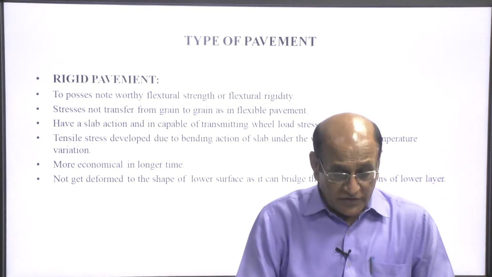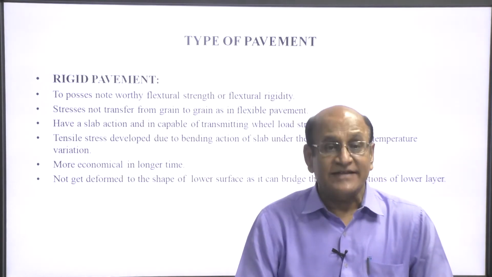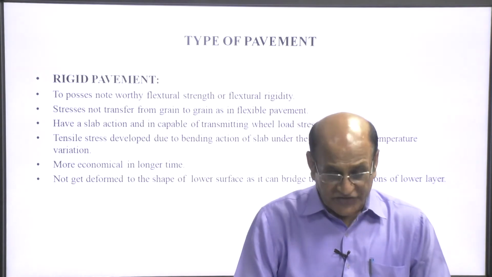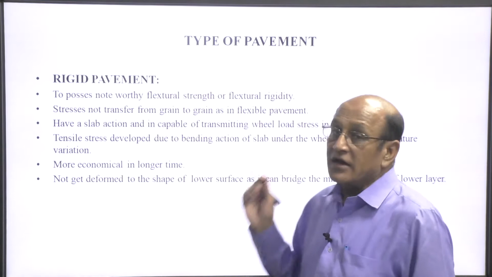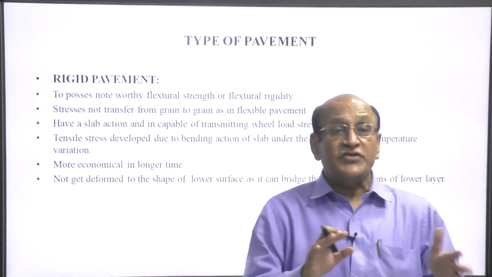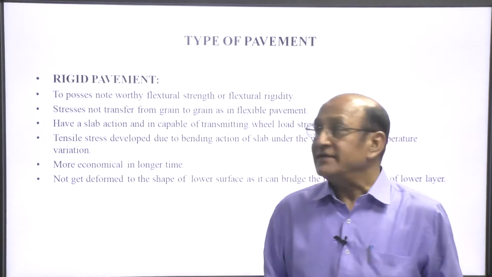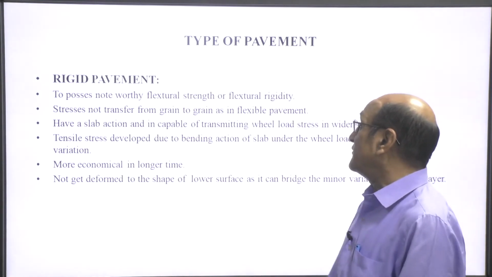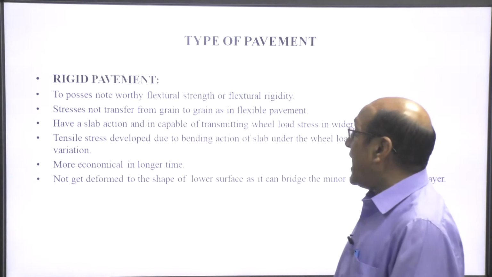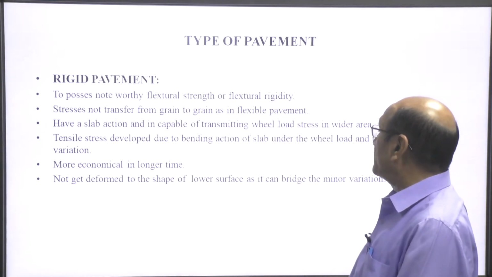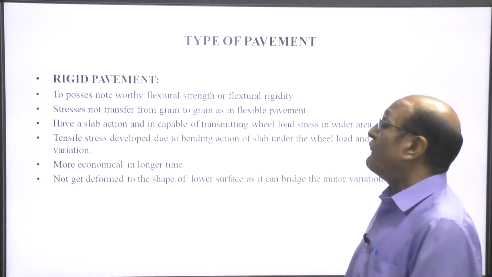This possesses noteworthy flexural strength or flexural rigidity. Stress is not transferred from grain to grain. Here in flexible pavement load is transferred grain to grain, whereas in rigid pavement it is not. It has slab action and is capable of transferring wheel load stress over a wider area.